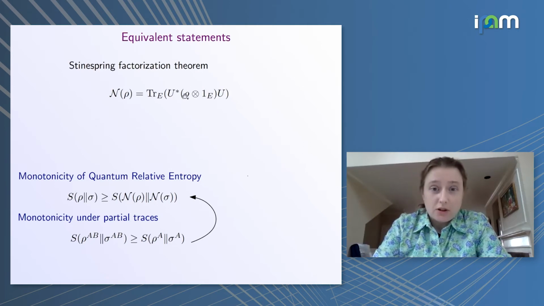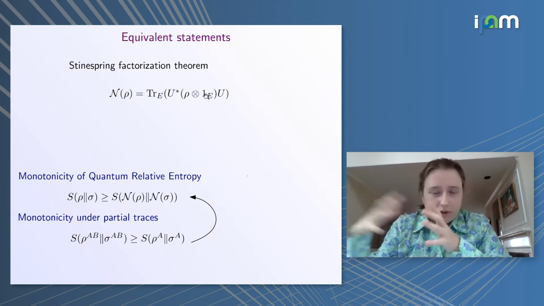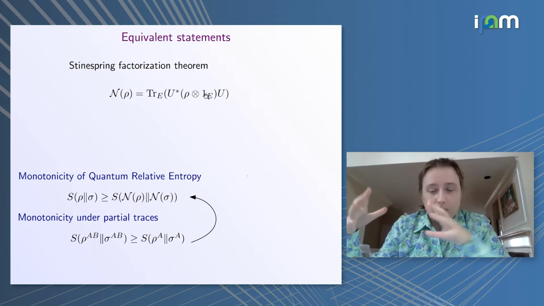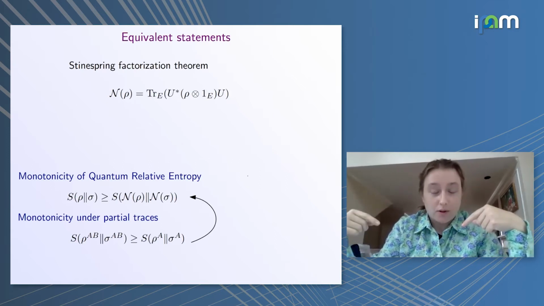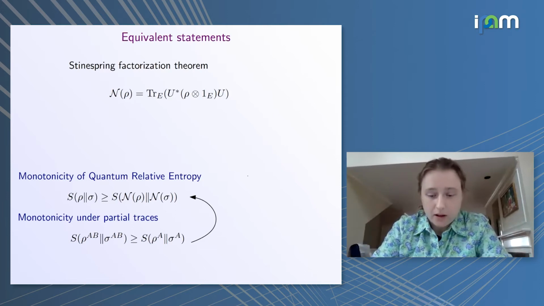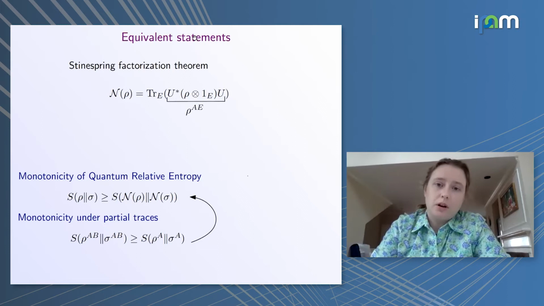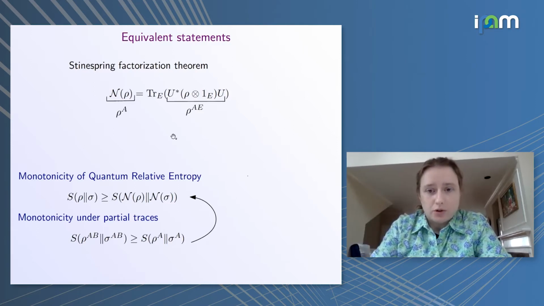So you take your system, tensor it with an identity on a larger system, make the unitary evolution, and your quantum channel is a partial trace of that unitary evolution of a larger system. So after the unitary evolution, that's your state on two systems, A and E, and the quantum channel, that's just a partial trace of that.